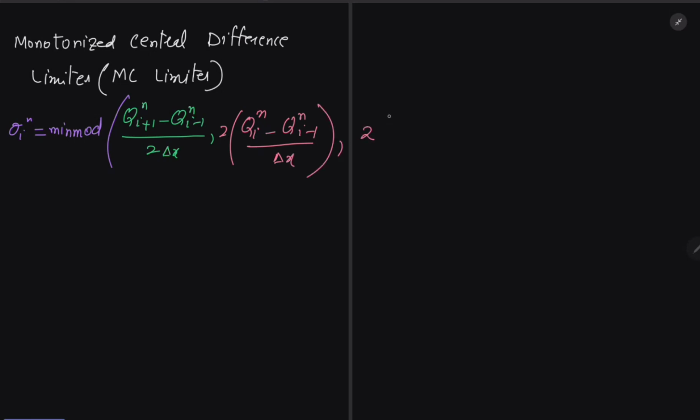Then we have the third value as well. So it is going one step further and creating a third value in the third argument, 2 times Q n I plus 1 minus Q n I divided by delta x. So choosing a value from these three arguments by minmod, this is called the MC limiter.